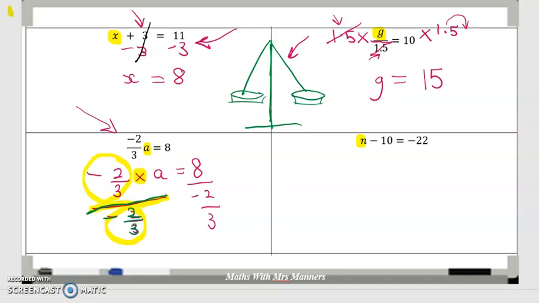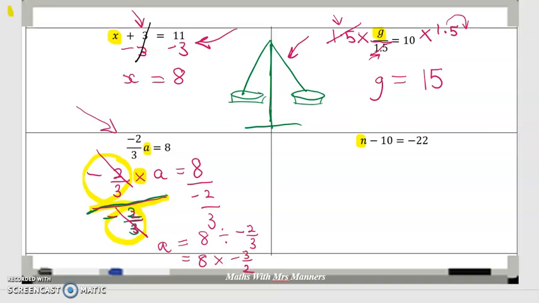That's why I've done that on both sides. So then, like we said before, any number divided by itself, so I've got minus 2/3 divided by minus 2/3, that will give 1. You can check on your calculator, but that means that minus 2/3 will go into itself exactly 1 time. And then if we go back to year 7 fractions, 8 divided by minus 2/3 would be the same as 8 multiplied by minus 3 on 2.